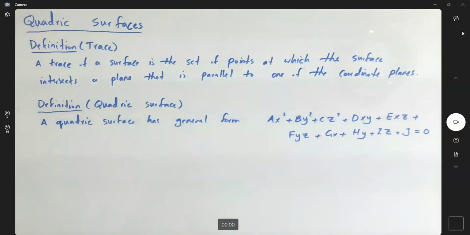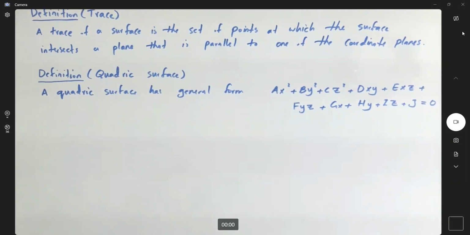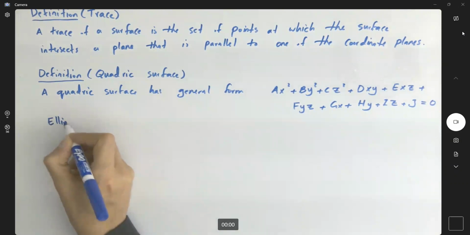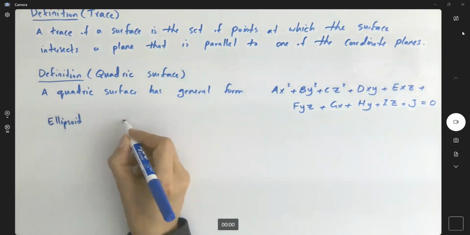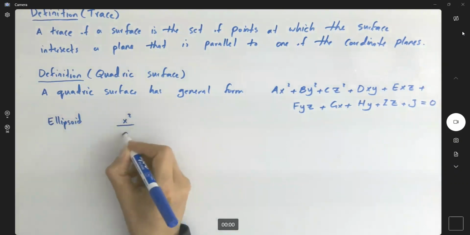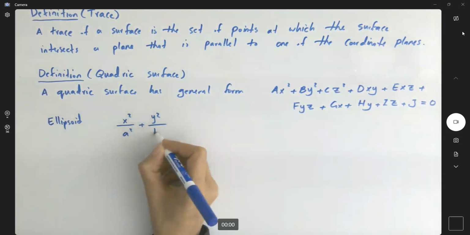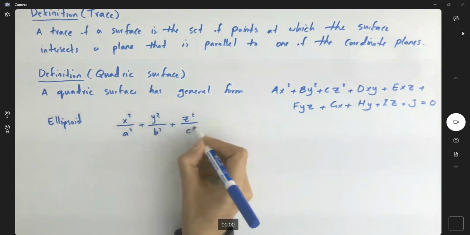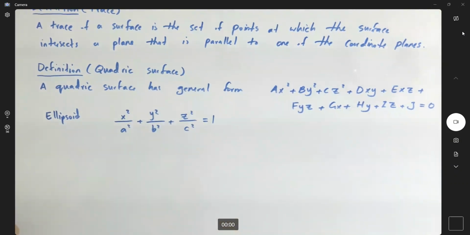The equation of an ellipsoid is defined as follows. You have x squared divided by a squared plus y squared over b squared plus z squared over c squared equals 1.